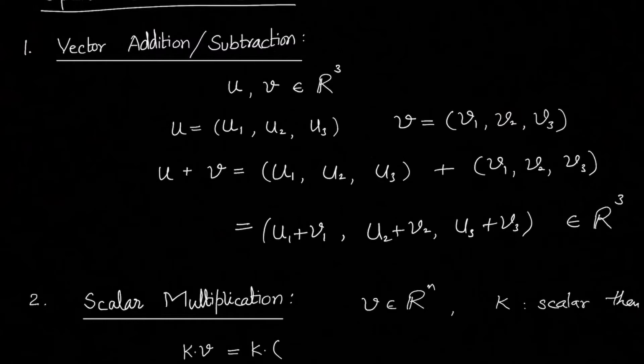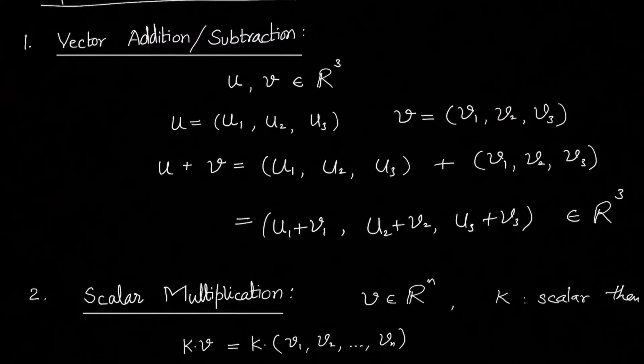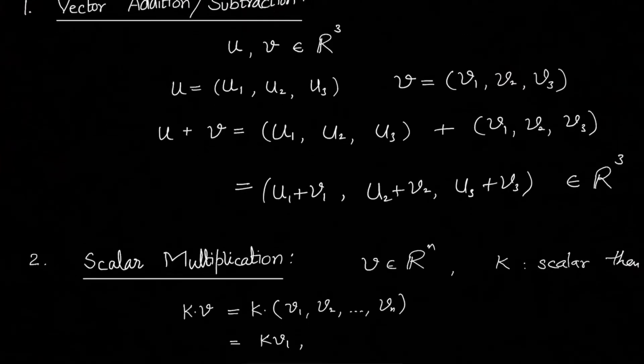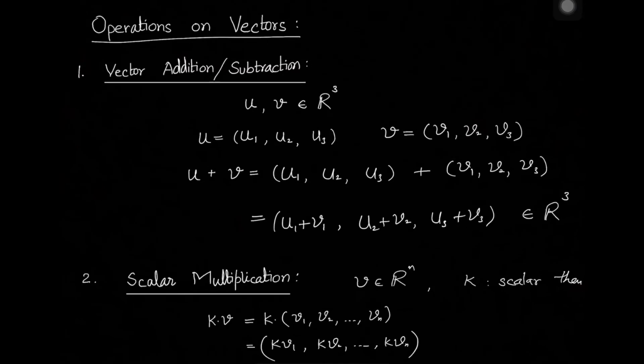Because v is in Rn, it will have n components, so each will be multiplied by k. Basically, suppose you have this vector v, if you find 2v, you will have the same vector but its magnitude will be doubled, because you are multiplying by 2.